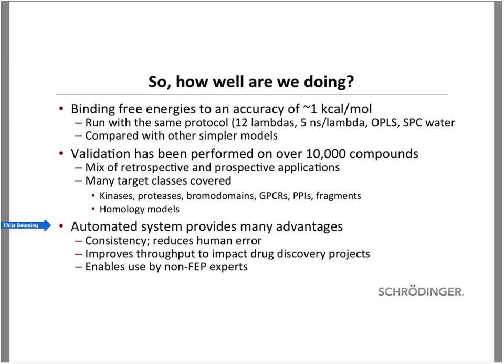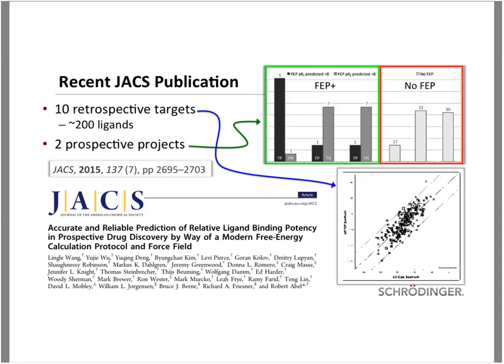And importantly, because the setup is relatively easy compared to what it used to be, we believe that FEP can now be safely used by people that do not necessarily have a strong background in molecular simulations or statistical mechanics. And that would be, of course, people that work in experimental laboratories.